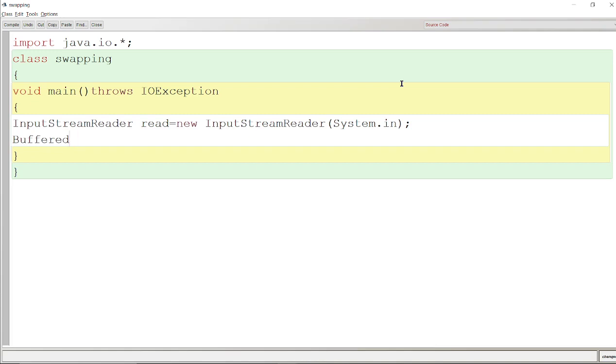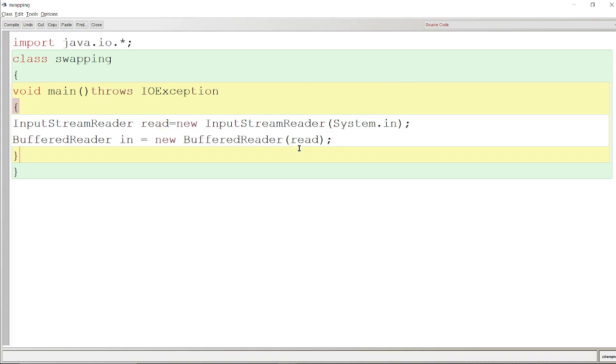BufferedReader, what you can write is BufferedReader in equals new BufferedReader.